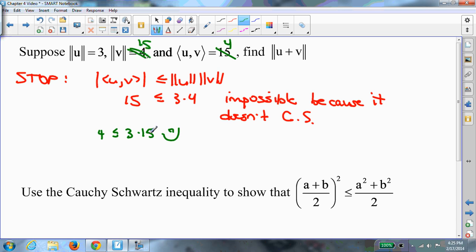So let's look at u plus v, magnitude. Well, if I square that, that equals u plus v inner product u plus v.